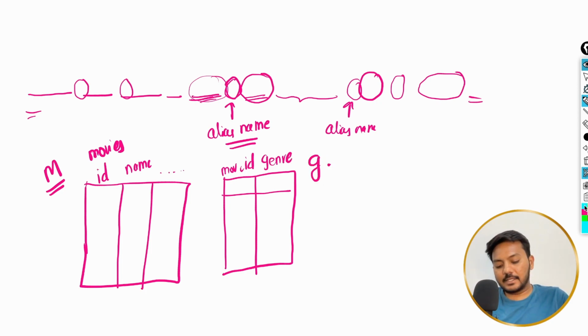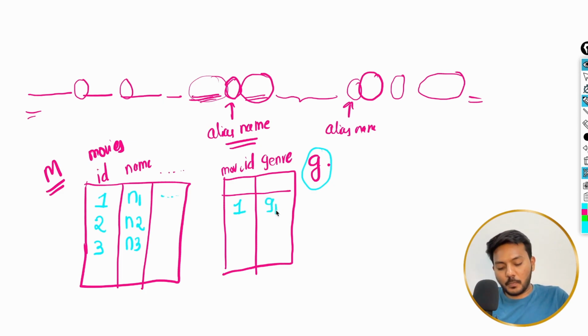Now let's take some example data as well. Let's say I have movie ID 1 and the name is N1, and I have the other information here. Let's forget about those. And I have movie ID 2 with name N2, movie ID 3 with name N3. Now in my genres table, I have movie ID 1 and it is of genre 1.